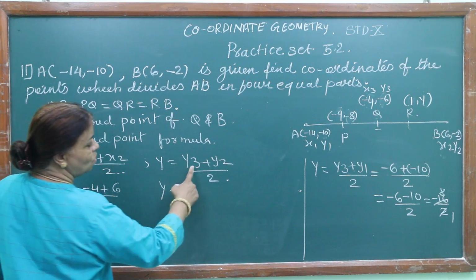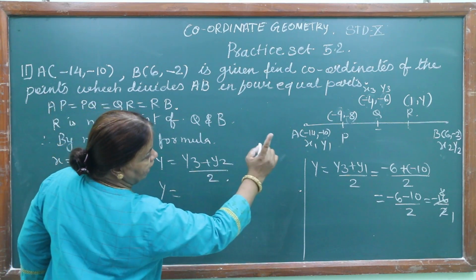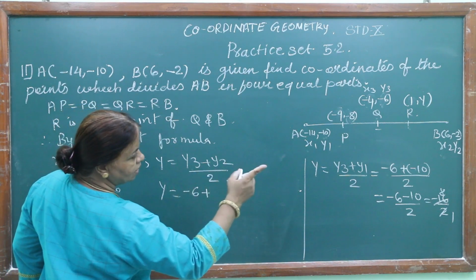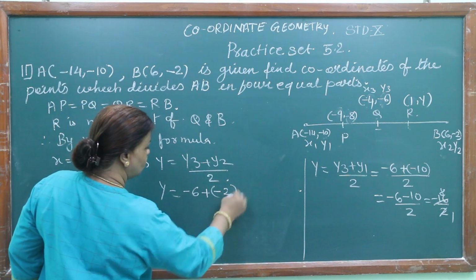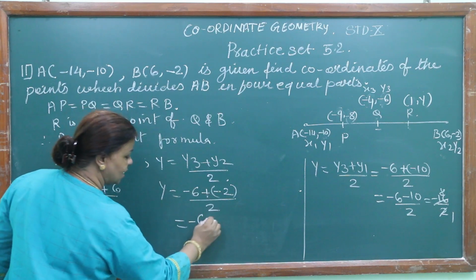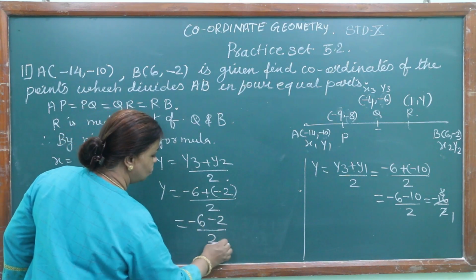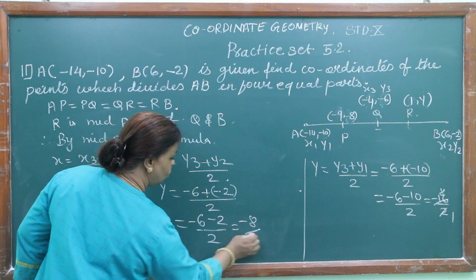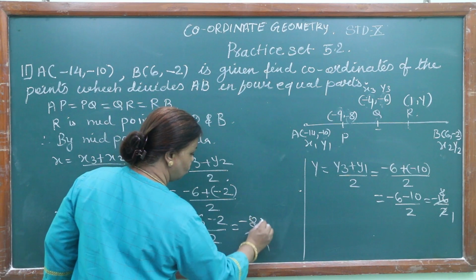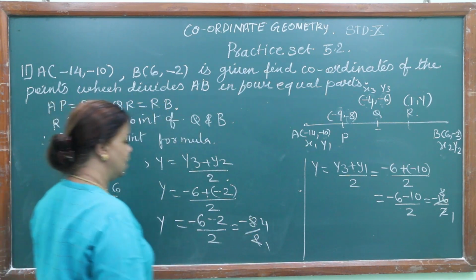Y is equal to y3 plus y2, and y3 is minus 6 plus y2 is minus 2 and upon 2. Minus 6 plus minus 2 upon 2, that is minus 8 upon 2. Both are minus, so it will be added. 2 1s are, 2 4s are. So y is equal to minus 4, children.